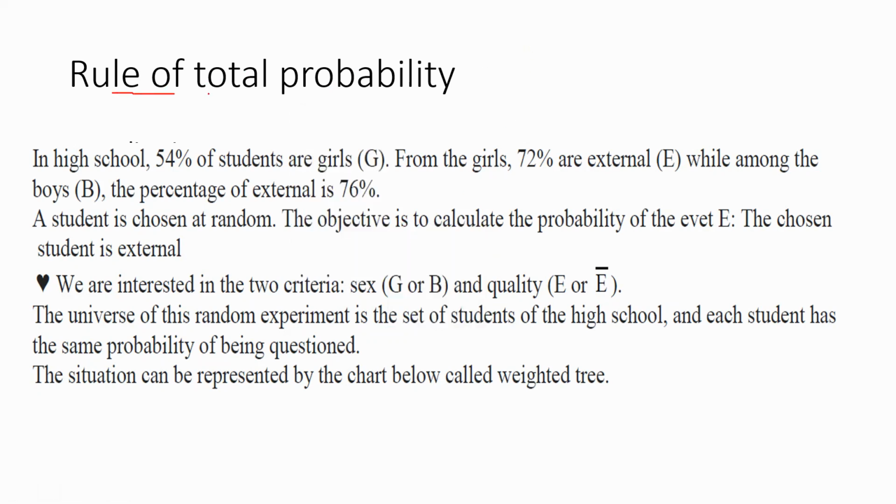It is the last idea in this chapter. So probability of A equals probability that A intersection B plus probability that A intersection B bar. This is called the rule of total probability.